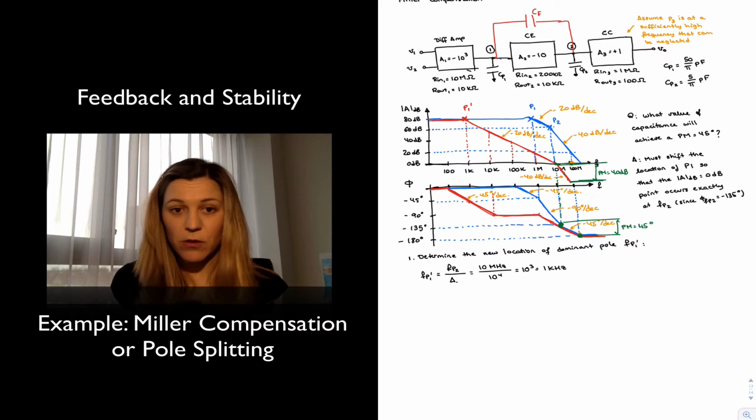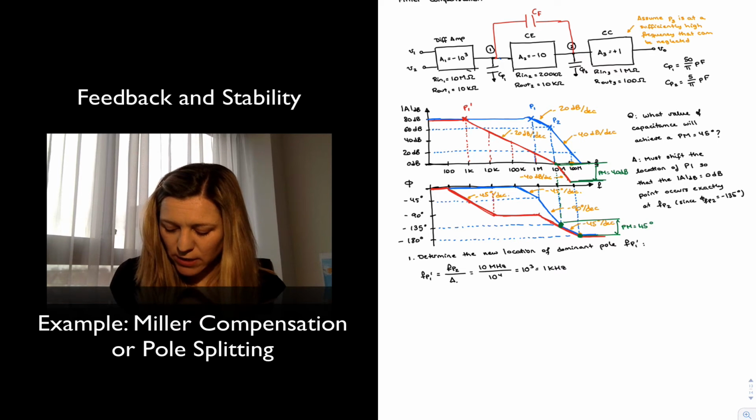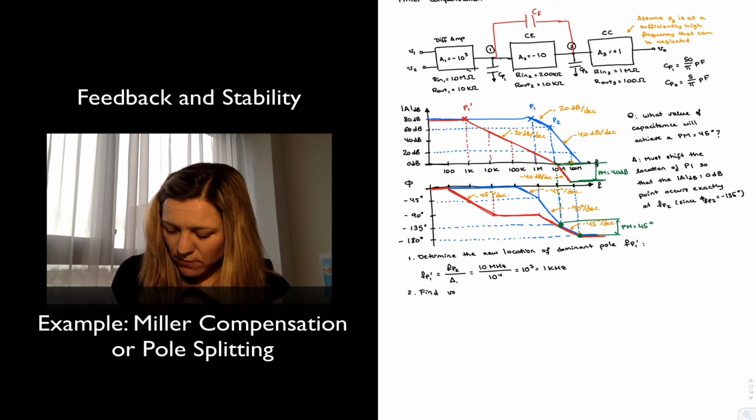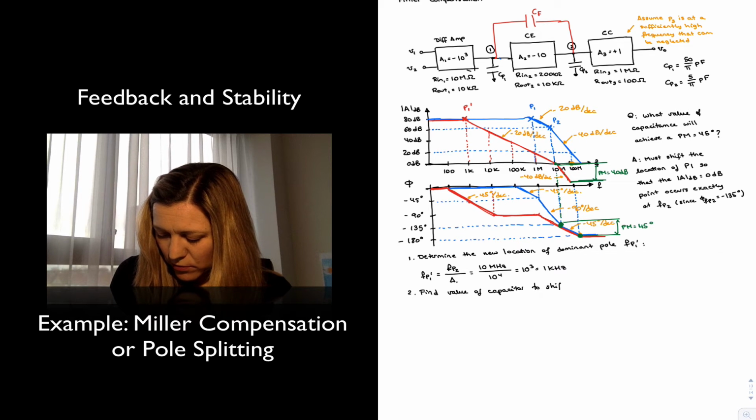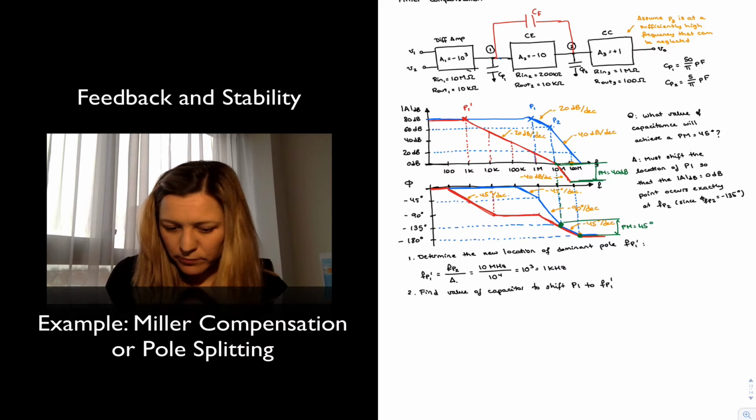Now I need to figure out what's the value of capacitance that I need to connect in the feedback path in order to shift the pole to that frequency of 1 kilohertz. So I'm going to find the value of capacitor to shift P1 to FP1 prime.